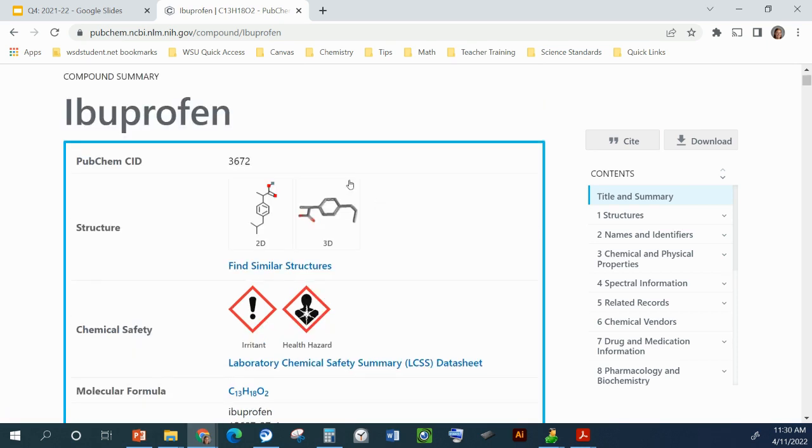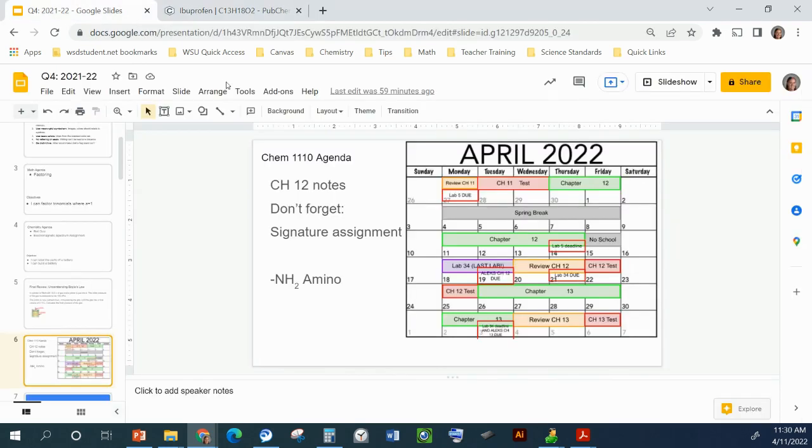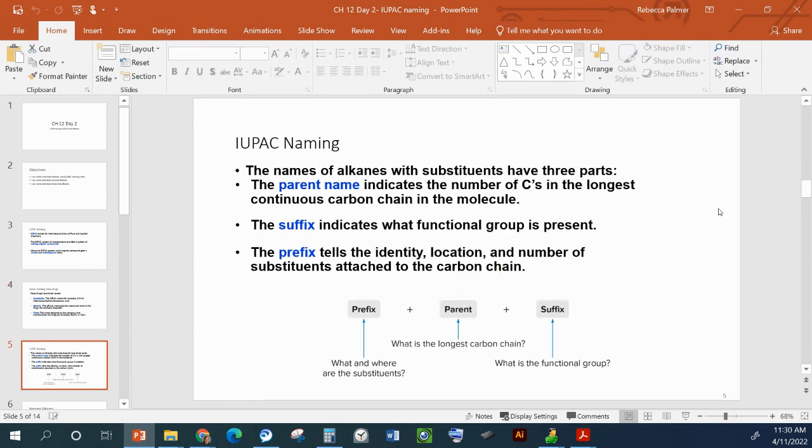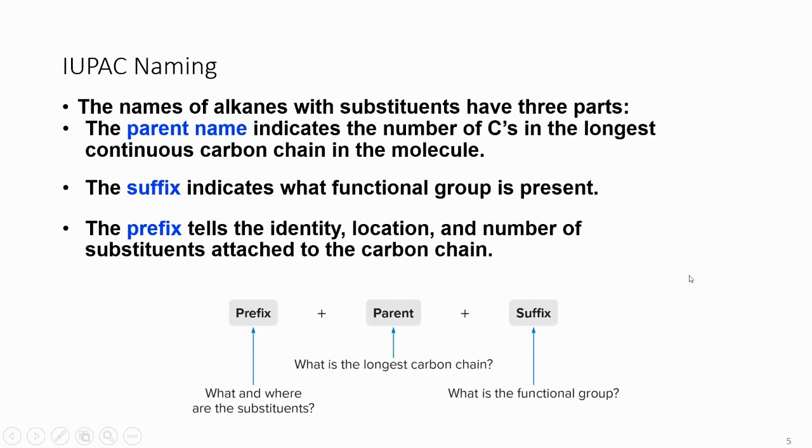Okay, so ours are not going to be this hard. This was supposed to be just an example, but we're trying to get to the IUPAC systematic name. So here is what we have to do. We have some prefix: where are the substituents and what are they? The parent is the longest chain of carbon. That's what we practiced last time. And then the suffix is a functional group. I don't think we're going to get to that today.